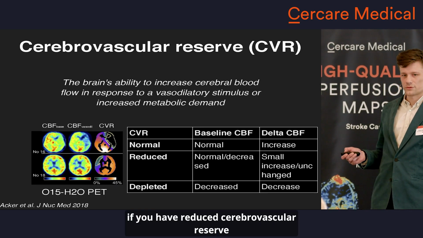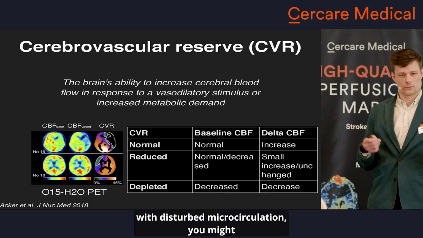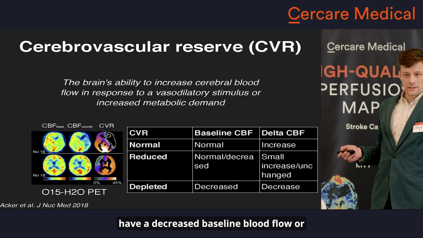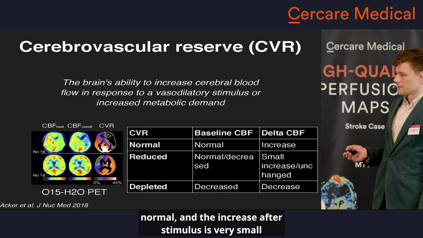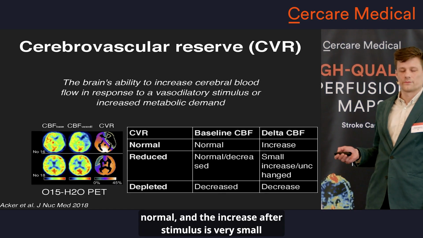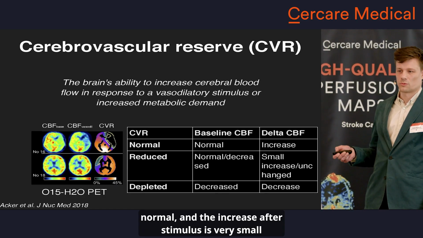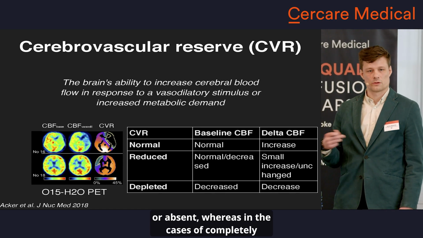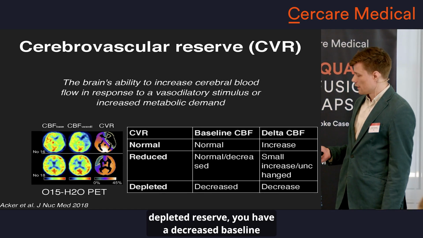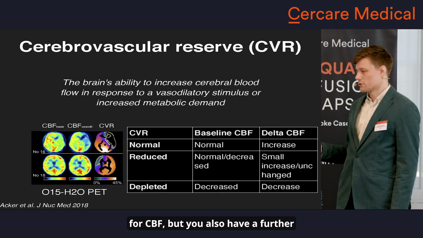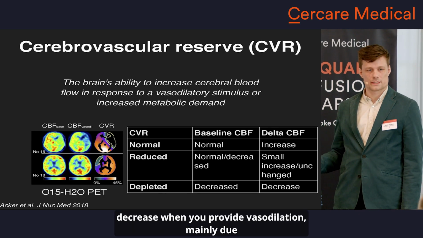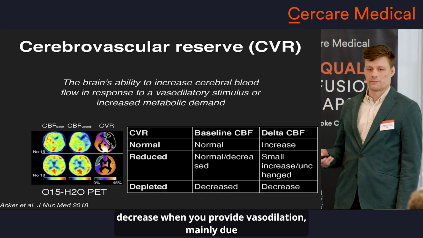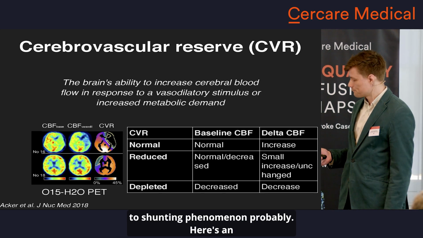Whereas if you have reduced cerebrovascular reserve with disturbed microcirculation, you might have a decreased or normal baseline blood flow, and the increase after stimulus is very small or absent. Whereas in cases of completely depleted reserve, you have a decreased baseline CBF, but you also have a further decrease when you provide vasodilation, mainly due to a shunting phenomenon, probably.